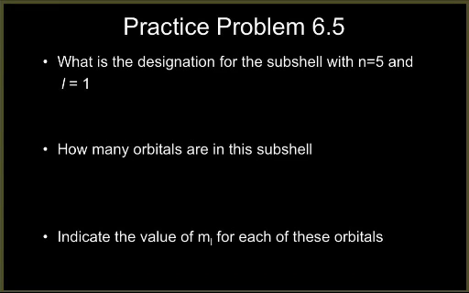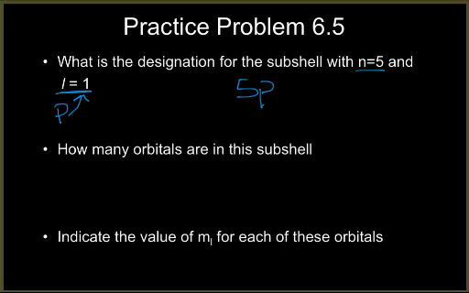Okay, so we're looking at what is the designation for the subshell with n equals 5 and L equals 1. The n equals 5 tells us the fifth energy level. And then the L equals 1 tells us the shape. Remember we said s was 0 and p is notated with L equals 1. So this would be the 5p subshell.